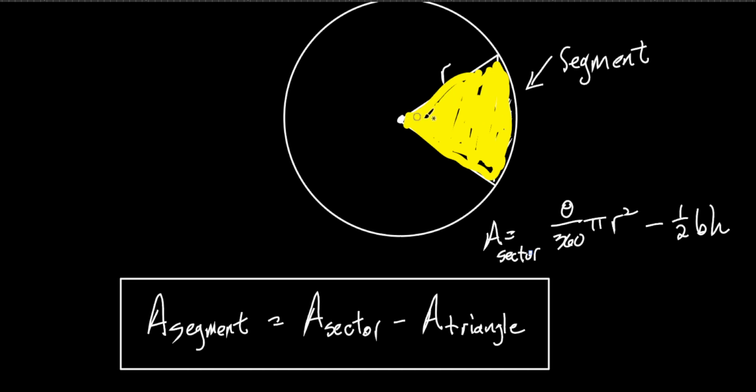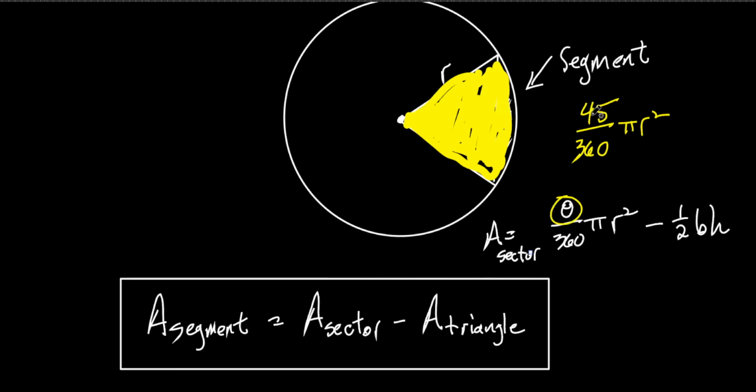Depending on what the angle is, if it was 45 degrees, how would I find the area of all that yellow? I would go 45 out of 360, because there's 360 altogether, and then pi r squared. Instead of 45, I don't know the angle, but I do know it's theta.